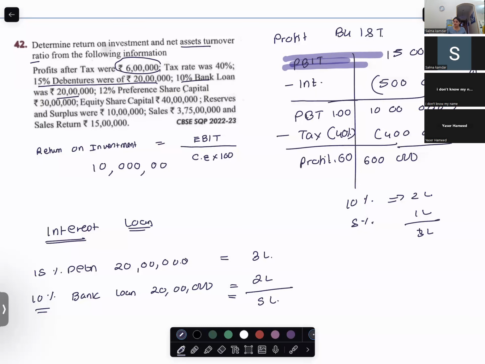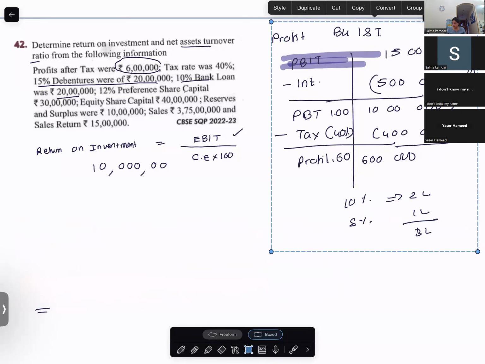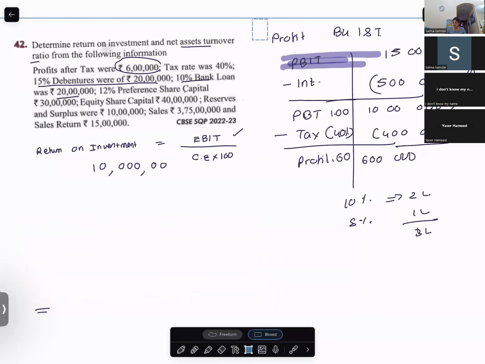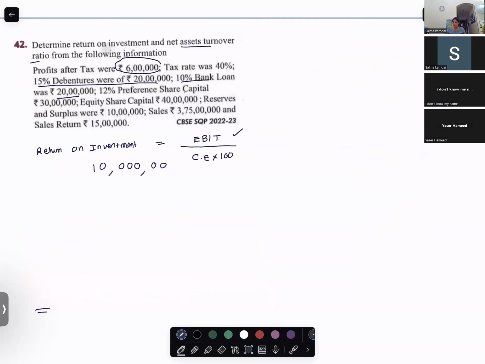So we already found out the earnings before interest and tax. Now our next target is to find out our capital employed. What is the formula for capital employed? Capital fund plus borrowed funds plus reserves and surpluses.